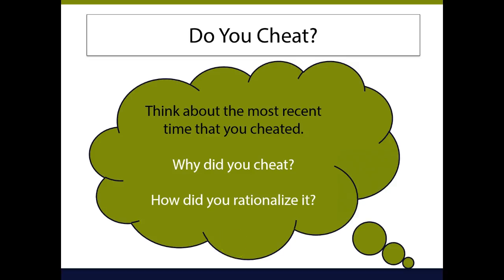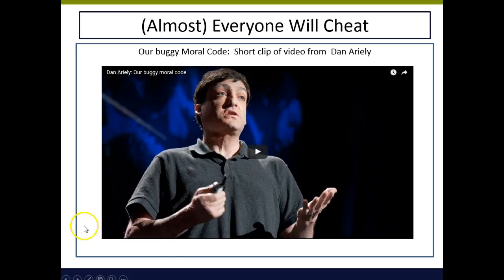I don't want to burst your bubble, but students are humans, and we are too. So my sense is that we probably cheat at a similar rate to what students do, and we probably rationalize things in similar ways. For copyright reasons, I'm not going to actually show this video clip, but if I can entice you to go to Google and do a search for Dan Ariely.